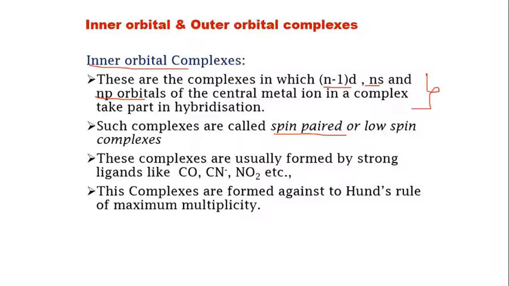Hund's rule is nothing but every orbital in a subshell is singly occupied with one electron before any one orbital is doubly occupied. So these inner orbital complexes are formed against Hund's rule of maximum multiplicity.